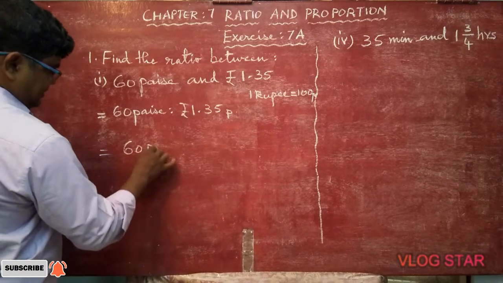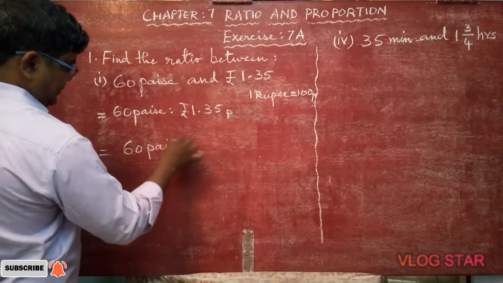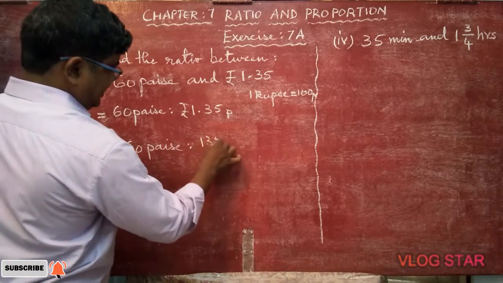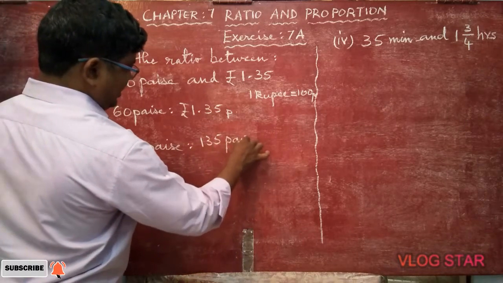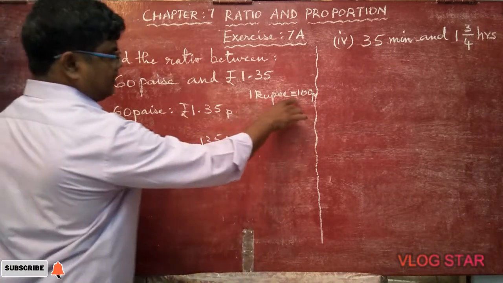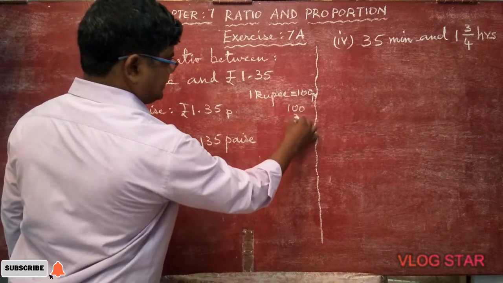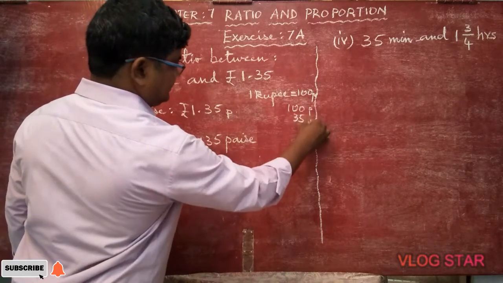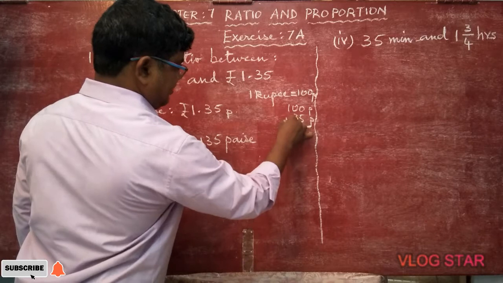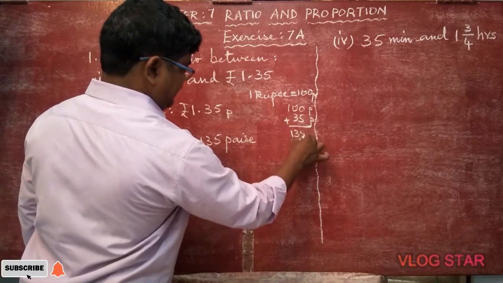Now 30 paise is to 135 paise. How 135? 1 rupee means 100 paise, 100 paise plus 35 paise. Both are paise, so we are going to add and get 135 paise.